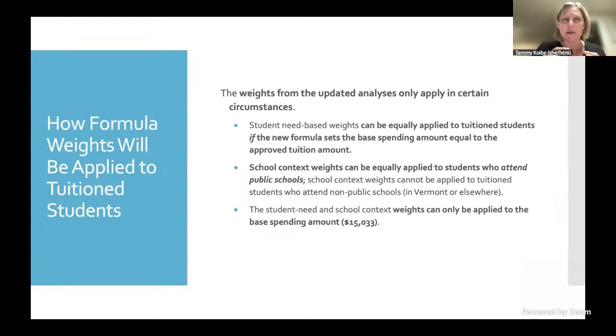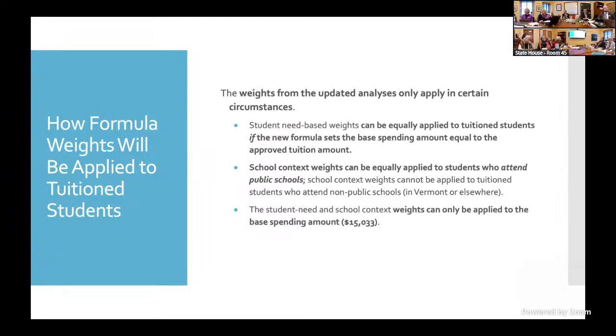So the only difference is that in places that tuition all or some of their students, the example you gave would be your total school budget. Now we have to assign dollars to a particular student, and those dollars are what follow a particular student. So the dollars for Tammy, if she were economically disadvantaged, would be different than the dollars for Jay, this other child over here who wasn't economically disadvantaged, right? That's the only difference, but the calculation is the same.